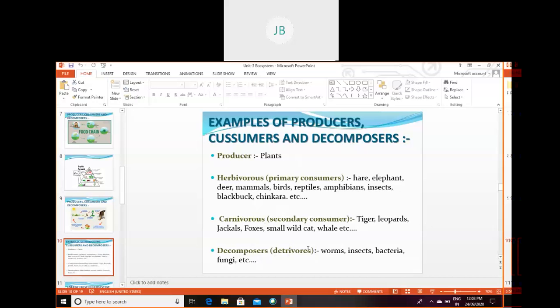Now moving towards the next trophic level, the decomposers or detritivores. These are a group of organisms consisting of small animals such as worms, insects, bacteria and fungi, which break down dead organic material into smaller particles and finally into simple substances that are used by plants as nutrients.